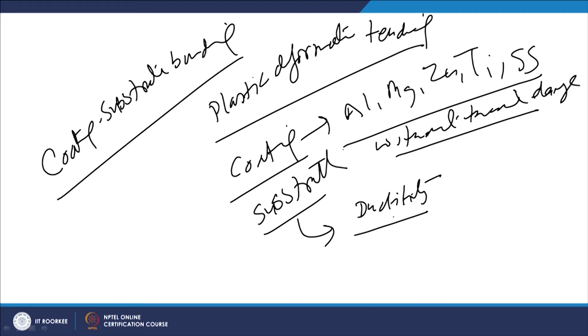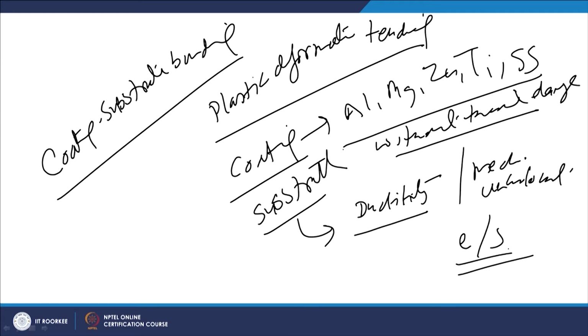So, some amount of ductility with the coating material as well as substrate material is required, so that the surface layer deformation can be facilitated to ensure good mechanical interlocking between the coating and the substrate, so that good bond strength can be realized.